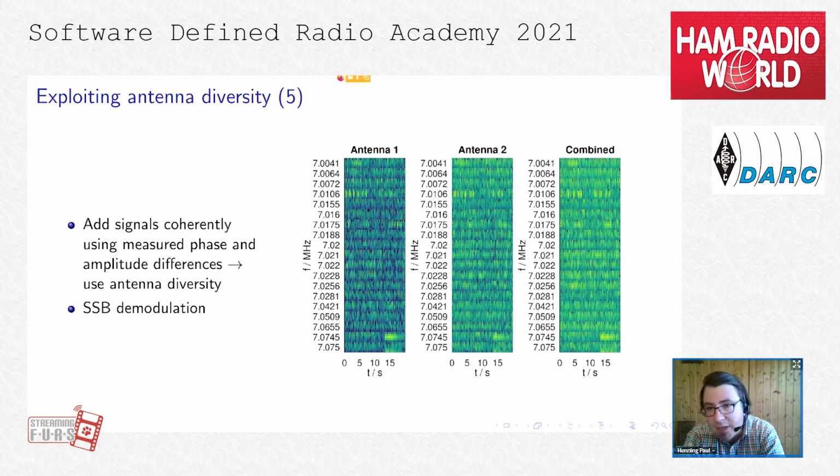You can guess that there has been some continuous wave transmission, in particular the fourth station at 7010.6 kilohertz. This looks interesting.